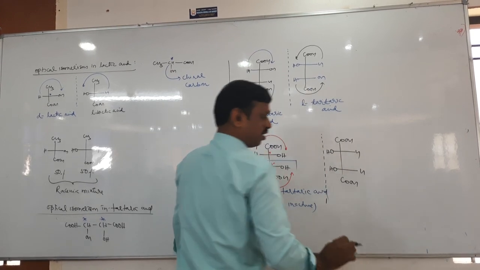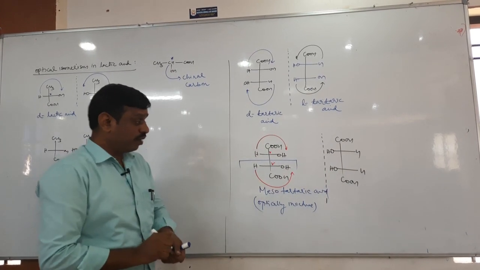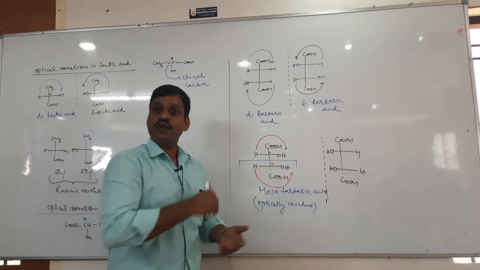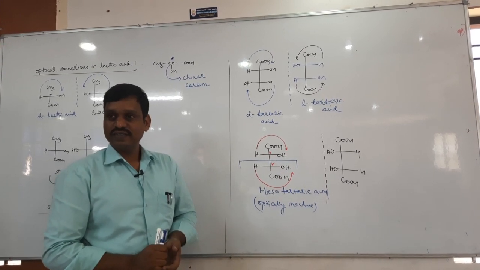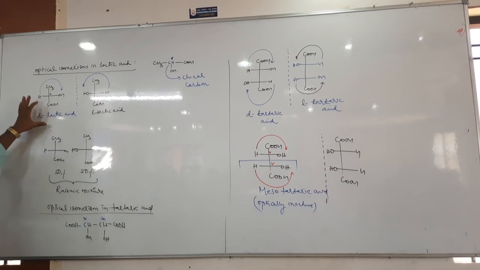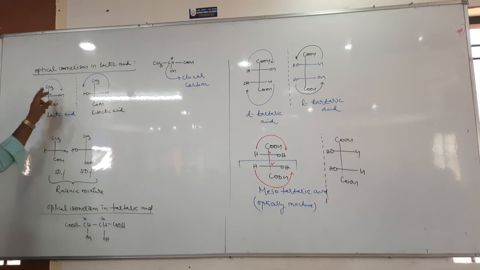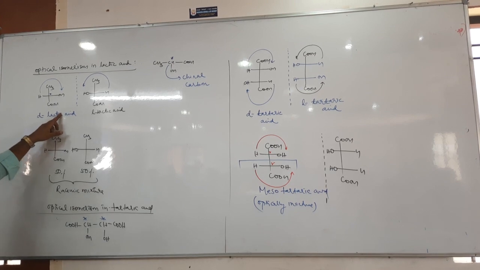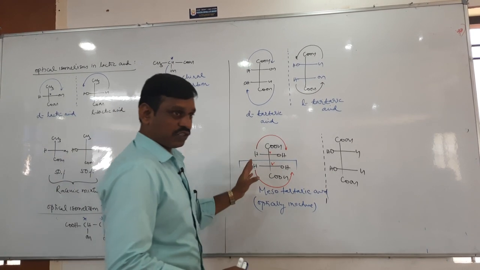Okay. Now tell me, if these two are mirror images, they should be optically active. The same thing you have studied, no? These two are mirror images of each other.